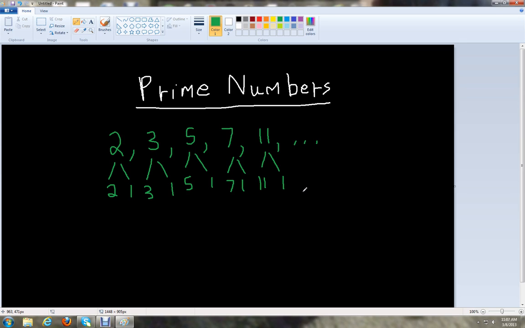A number that is not prime is called composite. So let's write that down, composite. An example of a composite number would be 8, because you can factor 8 as 2 times 4.